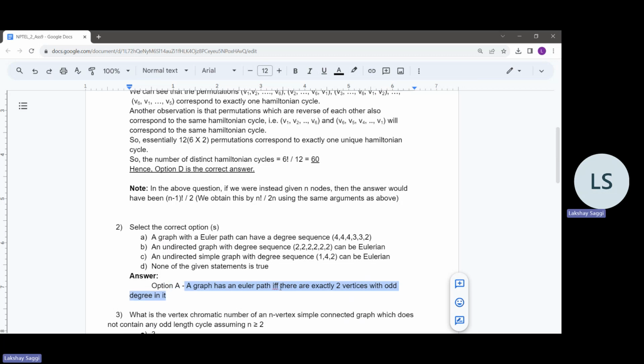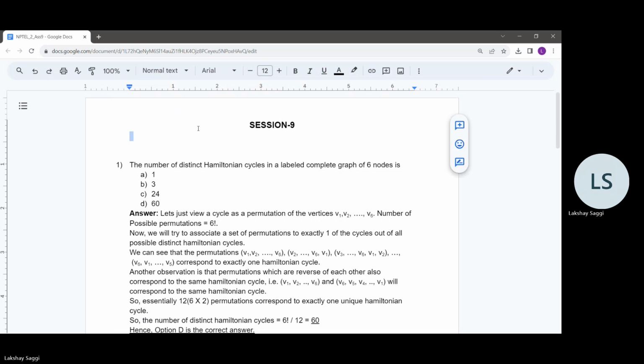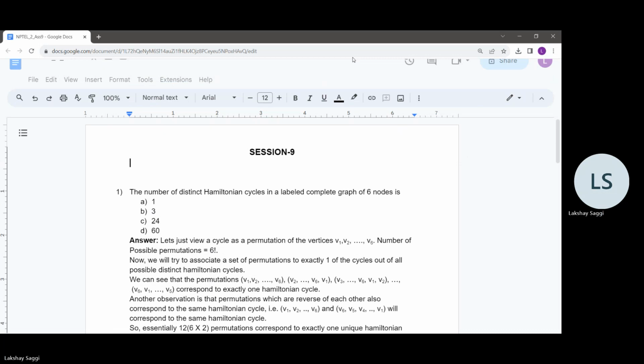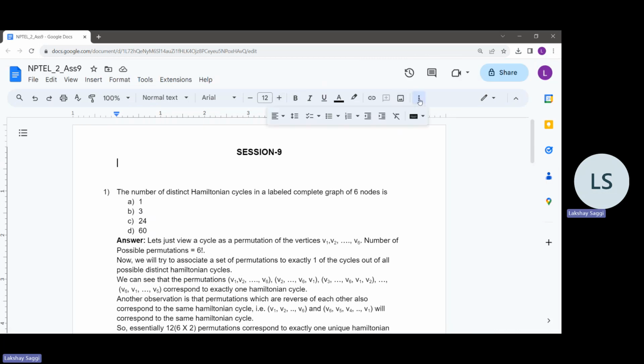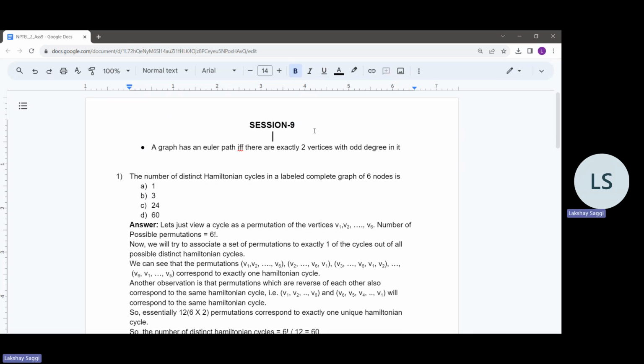Maybe I should mention this in the preliminaries because this has been discussed in the lectures. So just writing it out here for everyone to see: a graph has an Euler path if and only if there are exactly two vertices with odd degree in it.